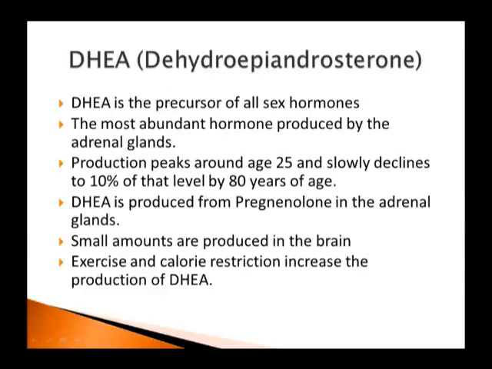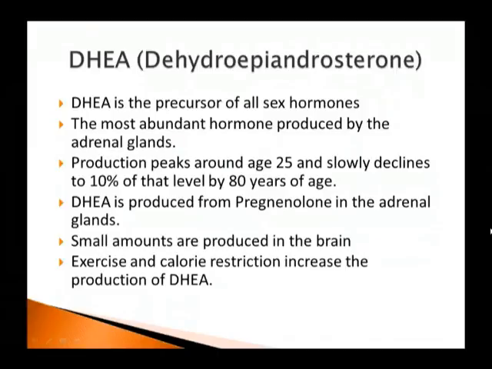Well, what is DHEA? DHEA is a precursor to all sex hormones, specifically estrogen and testosterone. It's really actually the most abundant hormone produced by the adrenal glands. It generally peaks at around age 25 and then starts to slowly decline to about 10% by the age of 80.